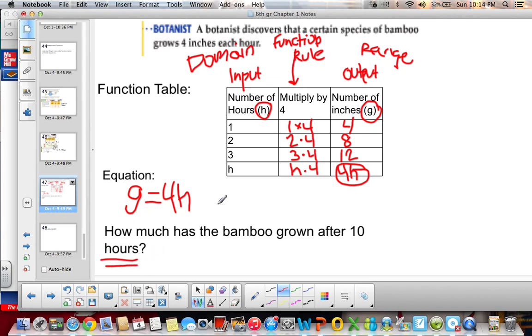So we're going to plug that into our equation in for H. So then we have G equals 4 times 10. So G equals 40 inches. So the bamboo has grown 40 inches after 10 hours.